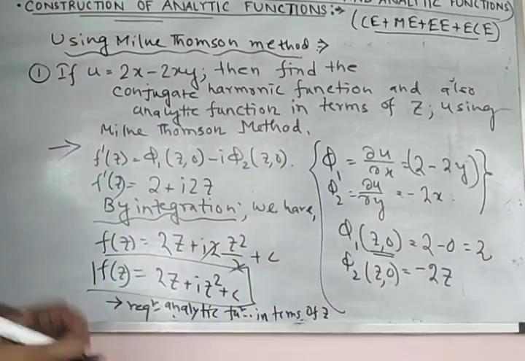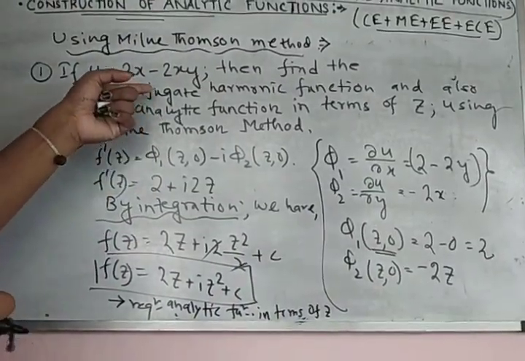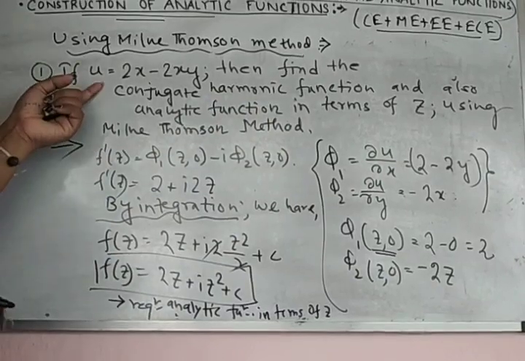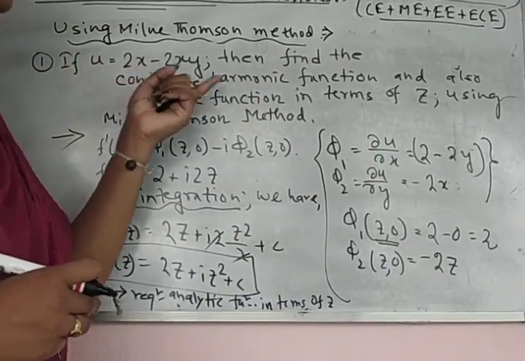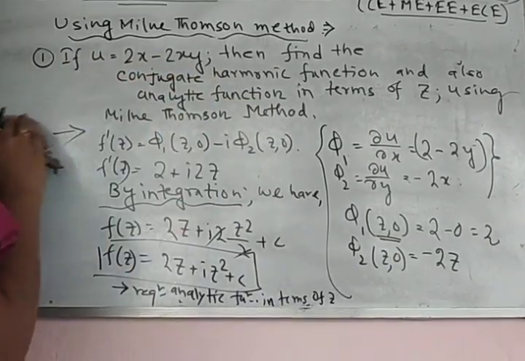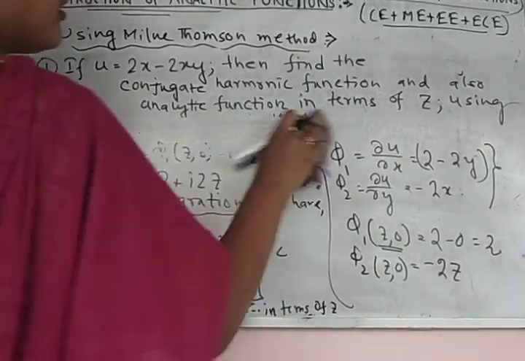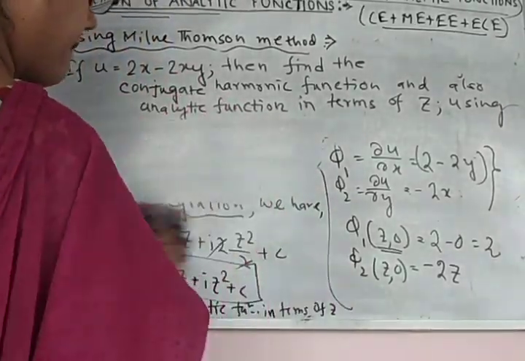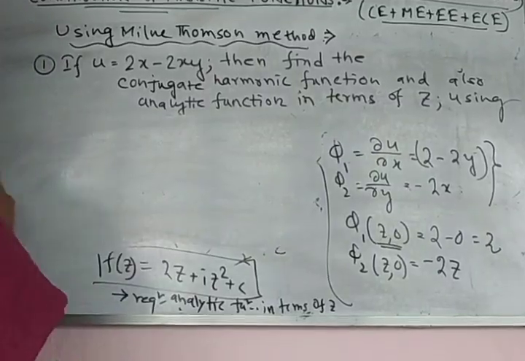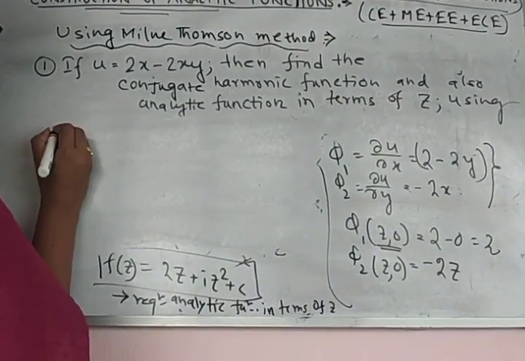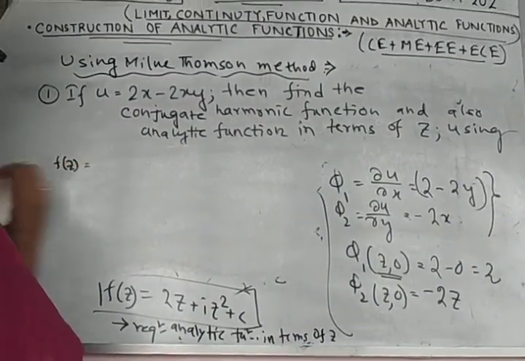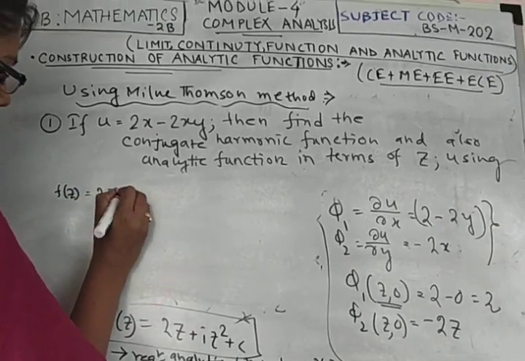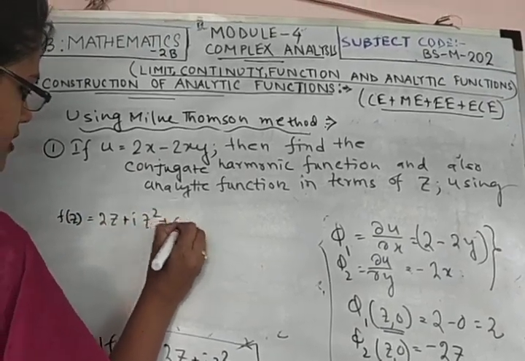Now the next question is to find the conjugate harmonic function. Here u is given, so our conjugate harmonic function is obviously v. So now find out v. Previously we got 2z plus i z squared plus c.